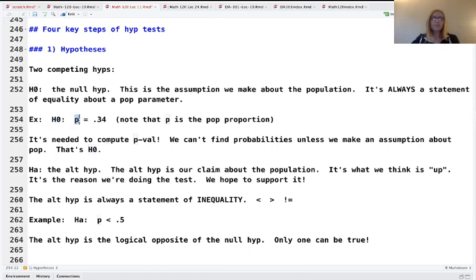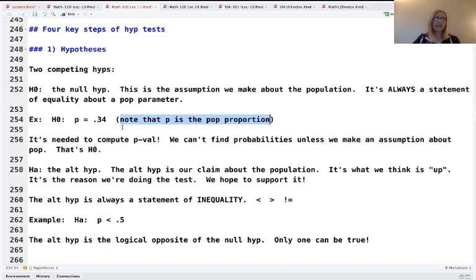Next, we're clearly stating what population parameter we're talking about. We've already seen that there's lots of different parameters out there: mu, sigma, p in this case, and others still. So we need to say for sure, okay, what quality of this population are we talking about? In this case, in this made-up example that I just gave, we're talking about p, the population proportion.